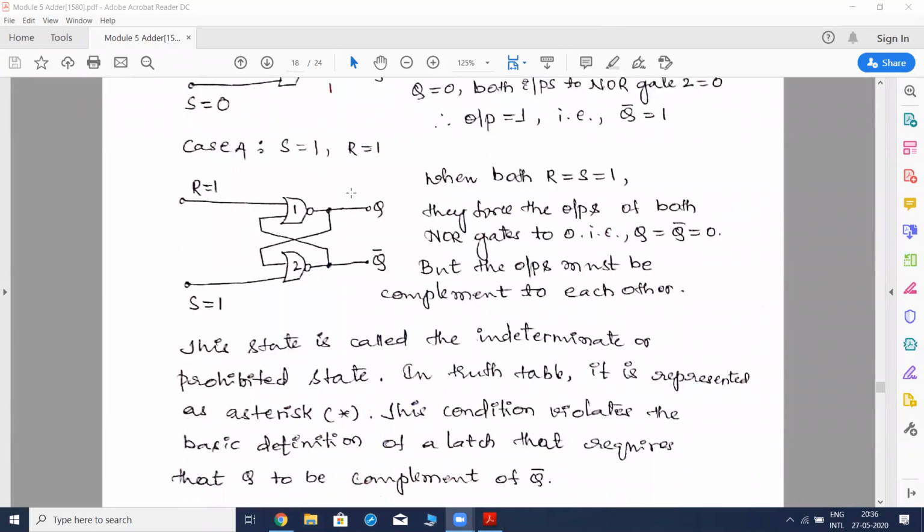In this last case, we need to take the last combination. Our combination is S equal to 1 and R equal to 1. I said we need to start the analysis wherever 1 is present. So when we give 1, 1 to both the NOR gates, it will force the outputs Q and Q bar, both, to be 0.